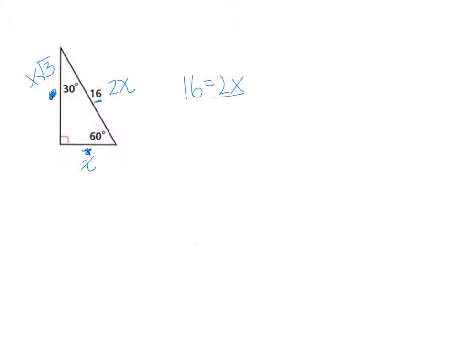Then I can solve this, divide by 2, and I get x equals 8, which means that across from the 30, this x is 8. And it also means that if x is 8, I can plug 8 into this spot where it says x right there. So across from the 60, which was our y in the original problem, is going to be 8 radical 3.